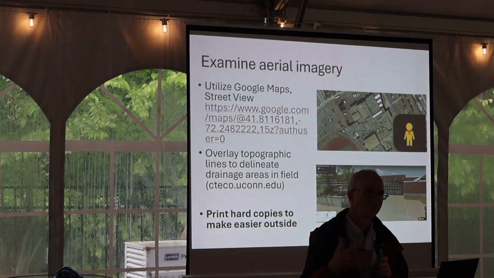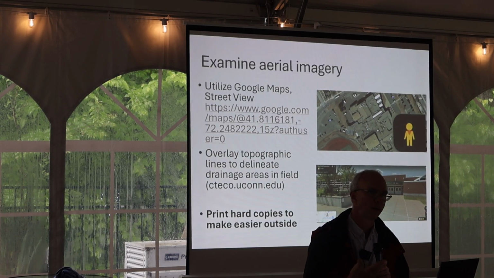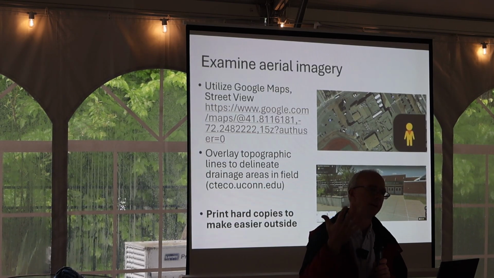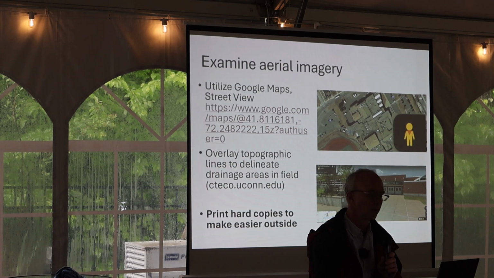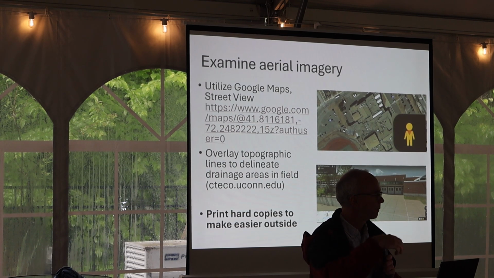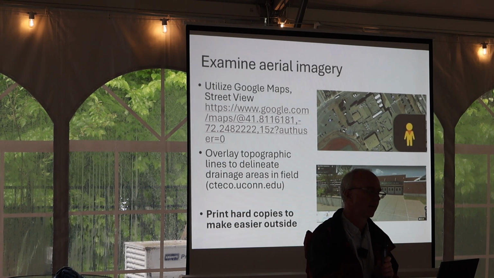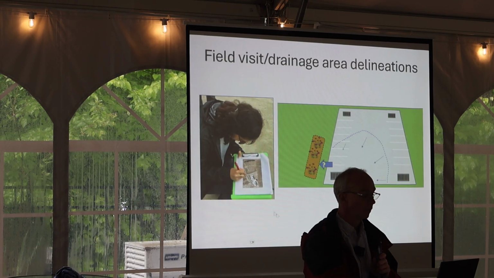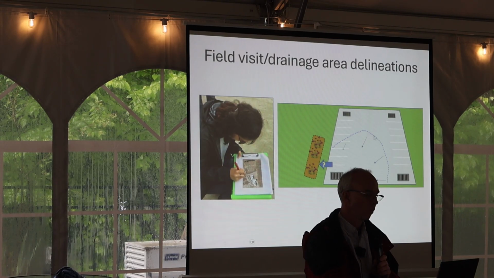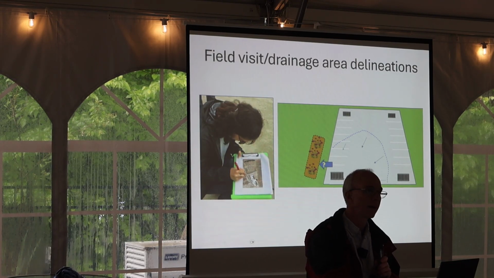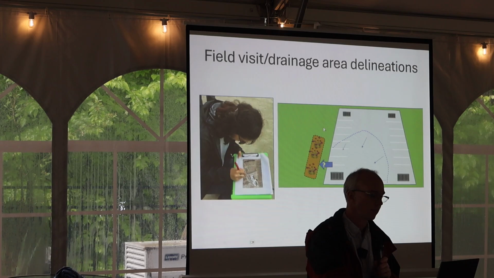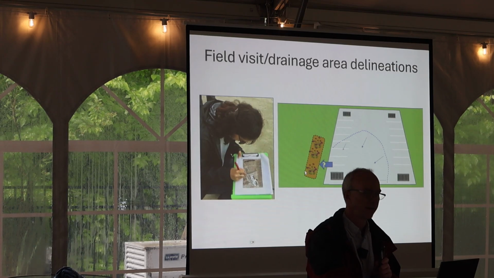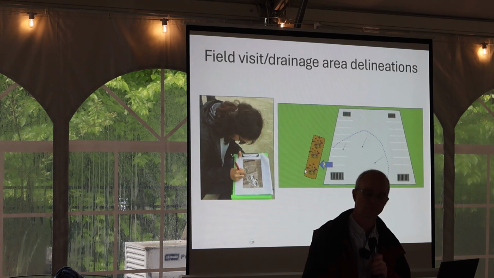We tell the students this like 5 times, but they still like to try to do it on their phone. I know they do everything on their phones these days, but a clipboard and a piece of paper, when you're looking at topographic lines and trying to delineate a watershed, is really the best tool. So this is what we do. We have them out there with a clipboard trying to figure out the area of this particular parking lot, perhaps one that drains to this catch basin, because we identified this area as a good rain garden opportunity.